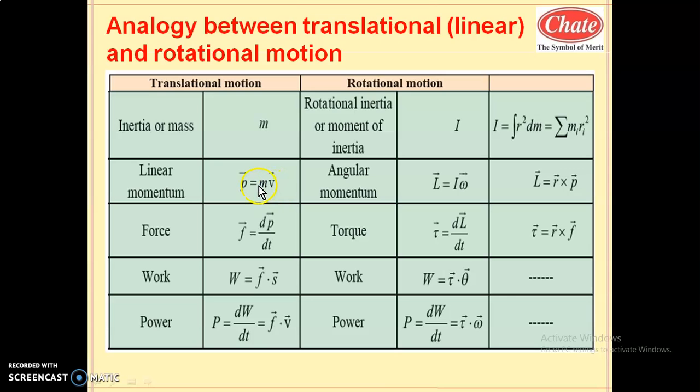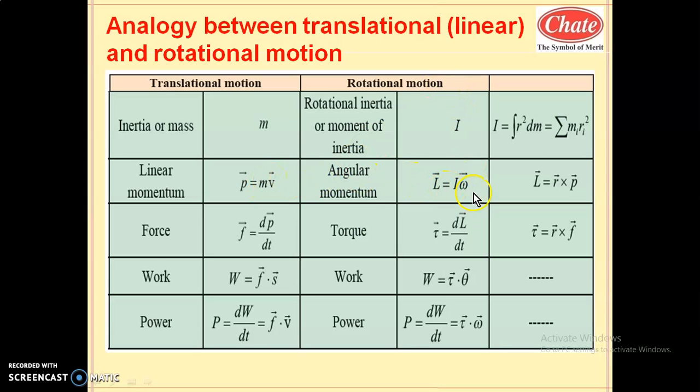Similarly, the analogous quantity in rotational motion is angular momentum. Angular momentum is an analogous term like linear momentum. So in place of linear momentum, in rotational motion, the term is angular momentum. In place of mass, in rotational motion, the term is I. In place of linear velocity, in rotational motion, the term is omega, because v is analogous with omega in rotational motion.